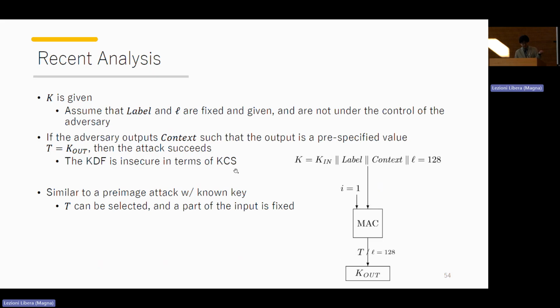And in this case, we see that the KDF is insecure in terms of key control security. This notion is very similar to a Plaintext-Mesh attack with known key, where the output target can be selected by the adversary and part of the input is fixed by the protocol.